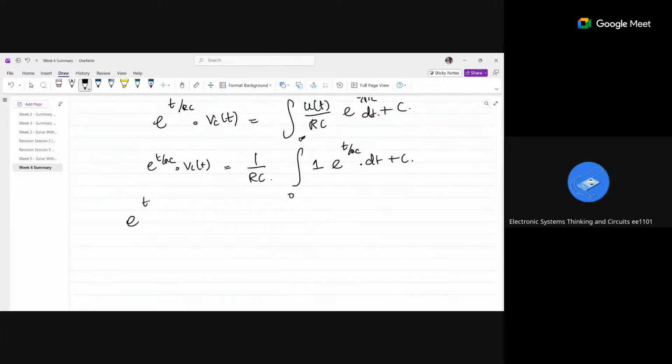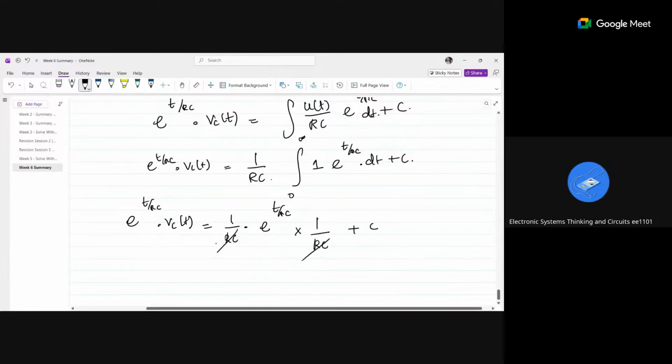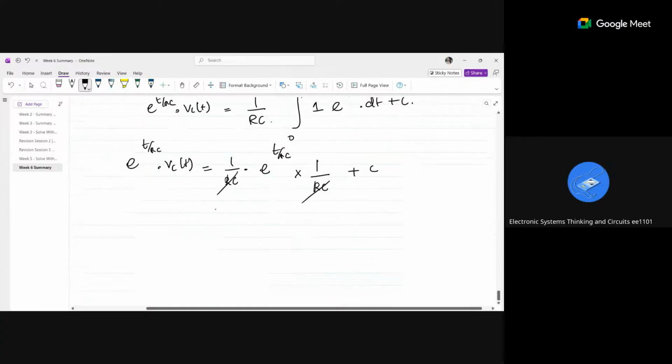Now I will integrate it. e power t by rc Vc of t is equal to 1 by rc times the integration of e power t by rc, which is e power t by rc into rc, plus c. This rc and rc will get cancelled. So e power t by rc Vc of t is equal to e power t by rc plus c.